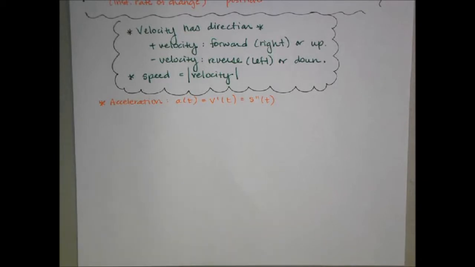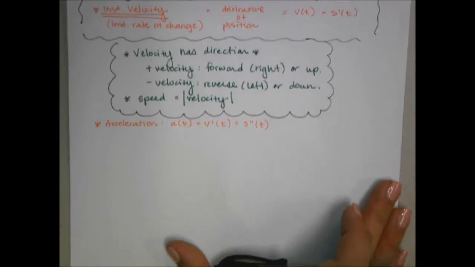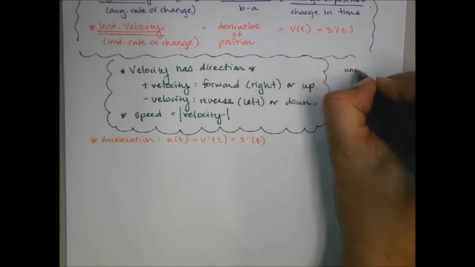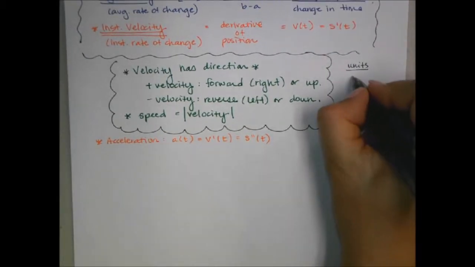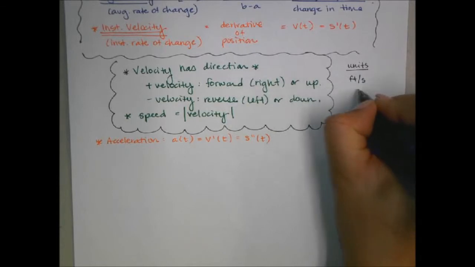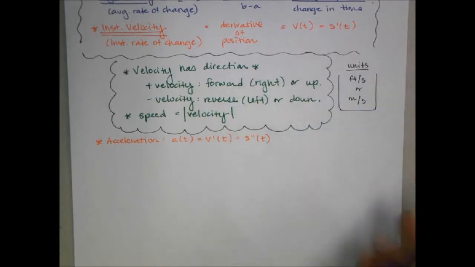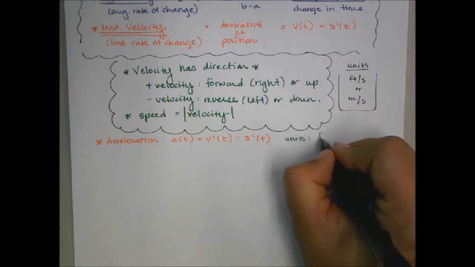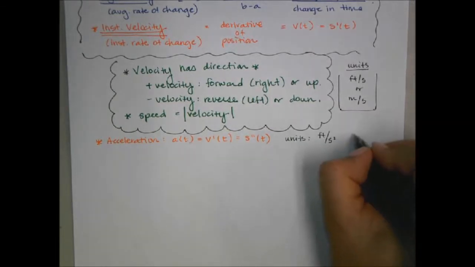The position function is measured in feet or meters. When we talk about velocity, our units are measured in feet per second or meters per second. Then when we get to acceleration, our units change again. This is feet per second squared, or meters per second squared.